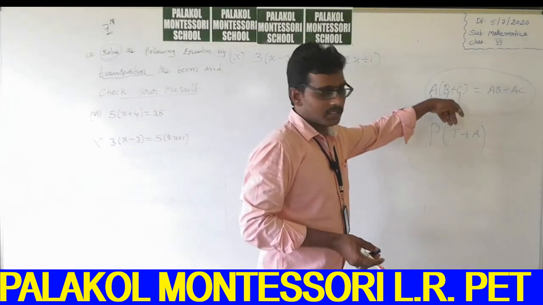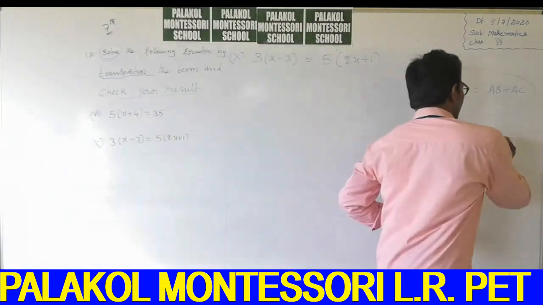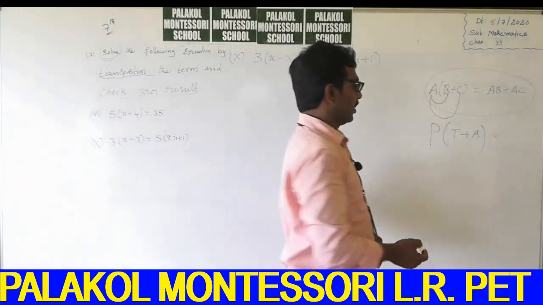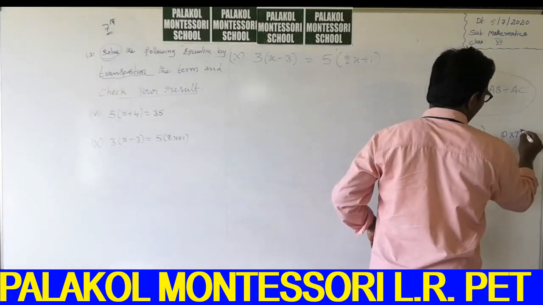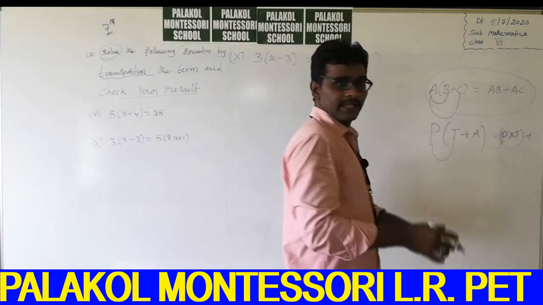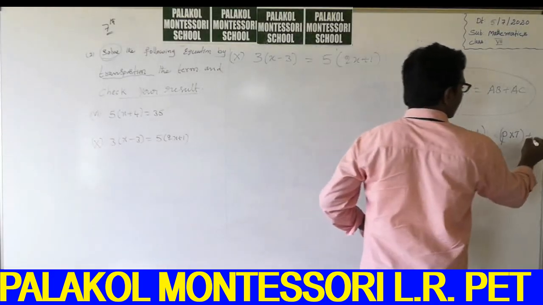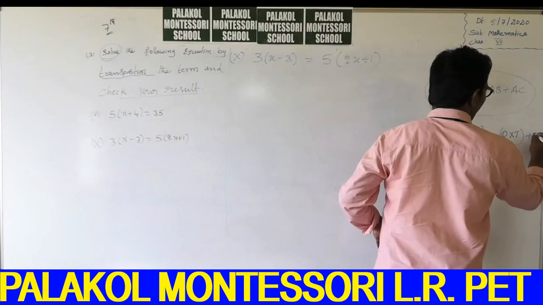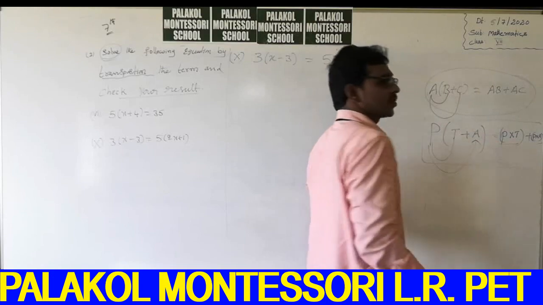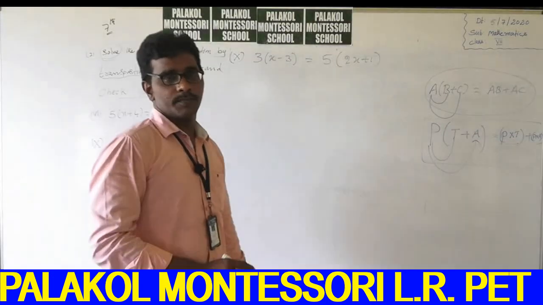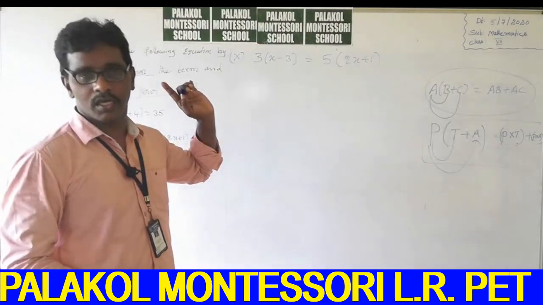Put Tamanna and Anushka in the brackets, so outside is Prabhas. First, Prabhas steps to Tamanna, so you write P into T, Prabhas into Tamanna, plus the same hero Prabhas steps to Anushka, Prabhas into Anushka. Put it in one more bracket. This is called the law of distribution.